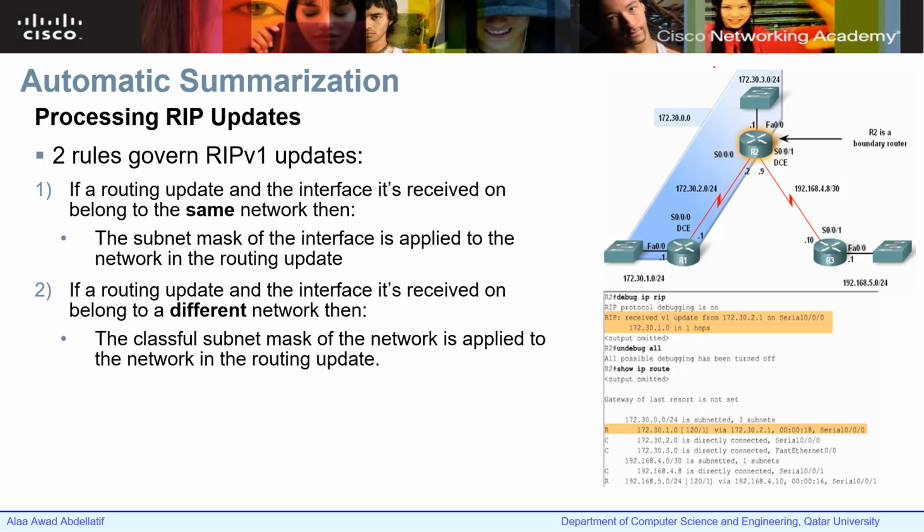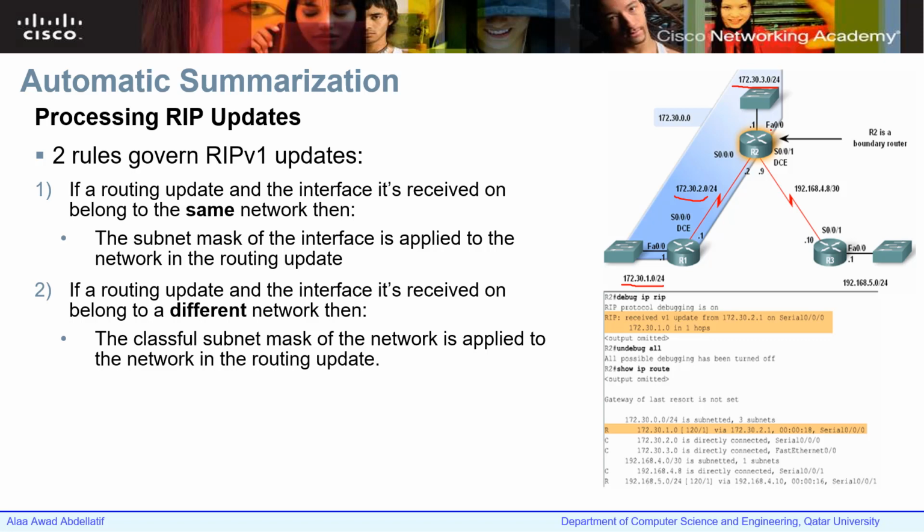Here we could define this network as two subnetworks, for example. R1 inside this subnetwork will include 172.30.2 and 172.30.1, and R2 the same will include 172.30.3 and 172.30.2.